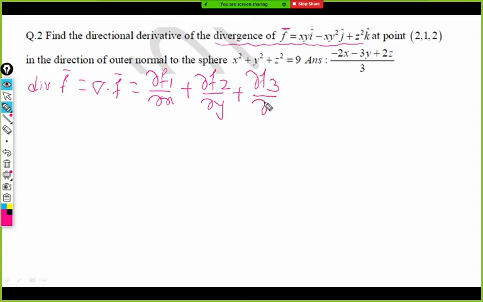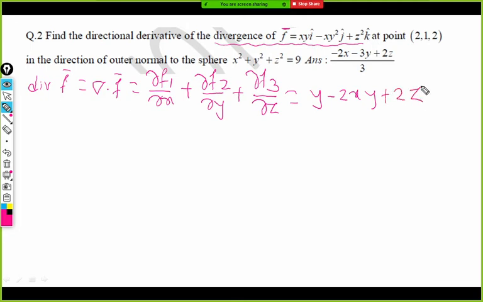This is the formula for divergence of f bar. The derivative of f1 with respect to x comes as y only. The derivative of f2 with respect to y is minus 2xy. And dou f3 by dou z is 2z.